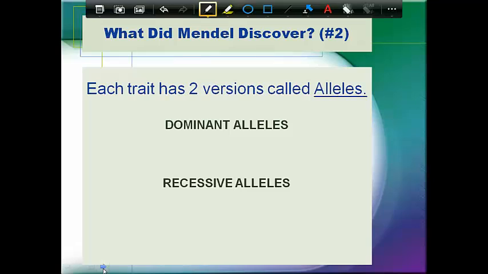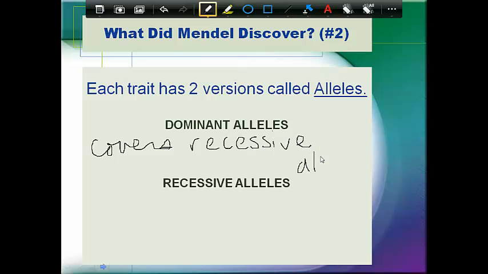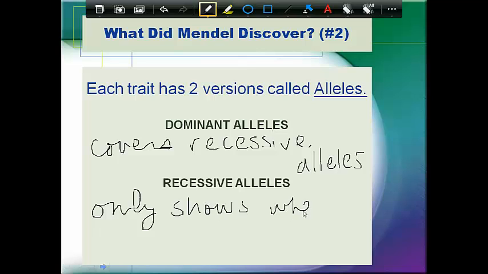By dominant allele, or the dominant trait, what he meant is that this allele covers the recessive allele. And the recessive allele only shows when there's no dominant.